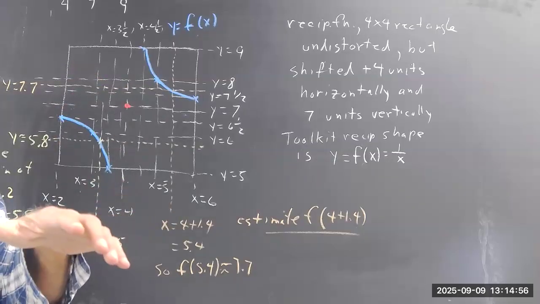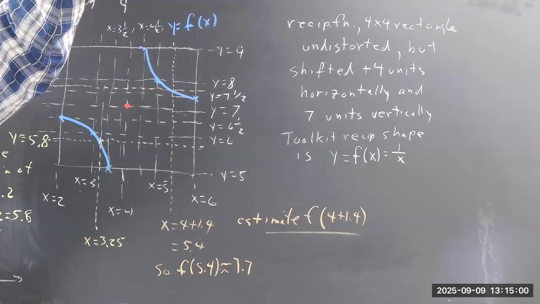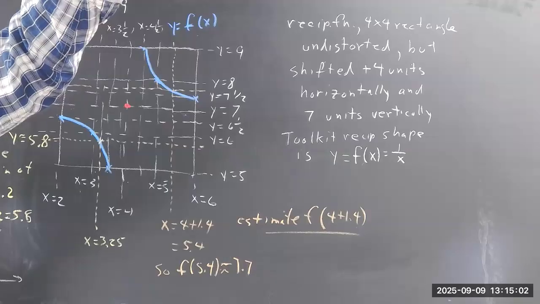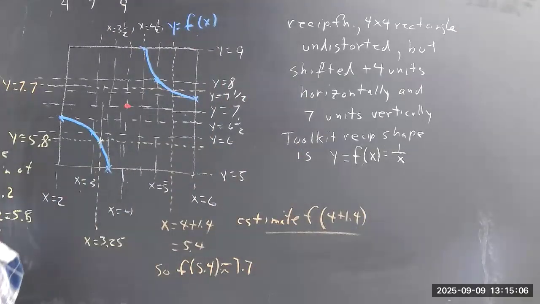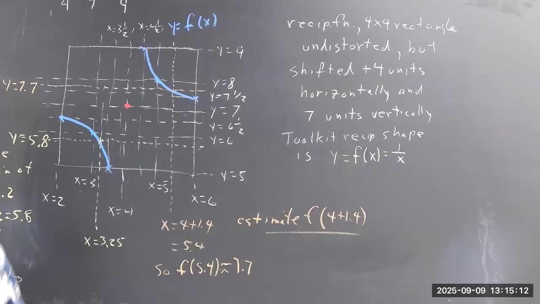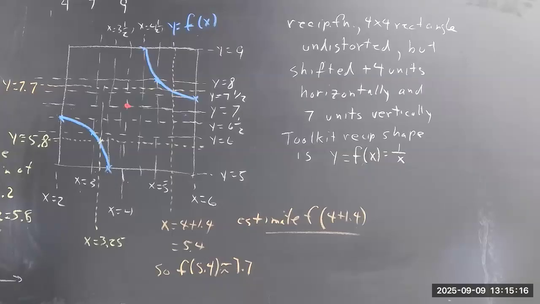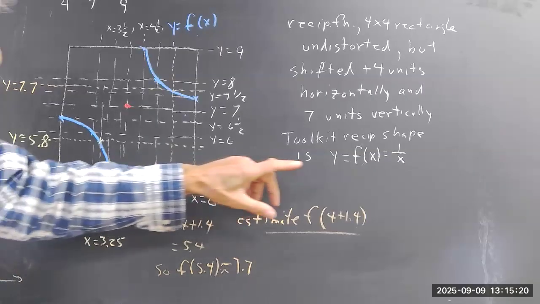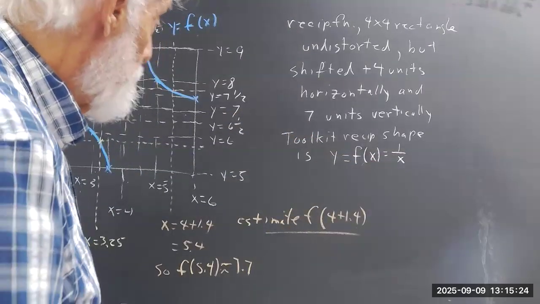Now remember, the second part of this was supposed to be you're going to do an 8x4 rectangle and label it. That would have been distorted. Or if I make the rectangle fatter or thinner, I'm going to keep it always at 4 units for now. So I'm not going to distort the rectangle in the horizontal direction, but we'll distort it in the vertical direction. Sometimes we'll even turn it upside down. We'll see that, but not today. Toolkit reciprocal shape is y equals f of x equals 1 over x.